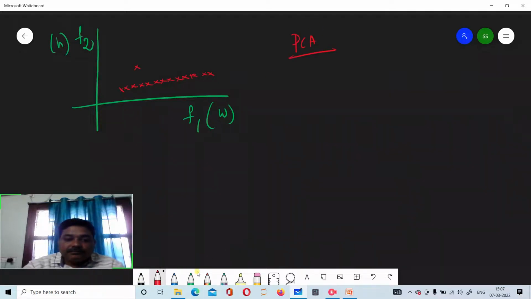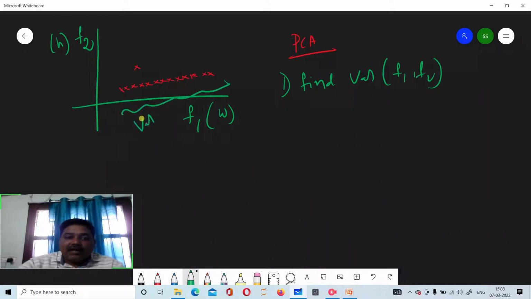So what is PCA? What is the basic idea of PCA? Maximum variance has to be preserved, so more of the data is preserved. The first step, we find the variance. The variance is the spread of F1 and F2. This is the spread of F1, this is the spread of F2.